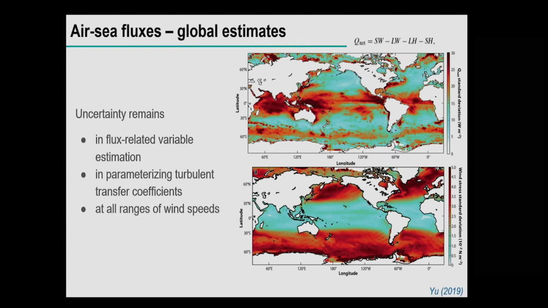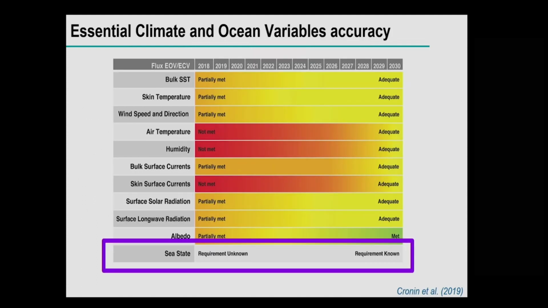So here's the standard deviation between the different products, and you can see regions for the heat fluxes where you have strong winds, where you have big waves, so where you have strong currents, that you're going to have a lot of uncertainties. And here's for the momentum flux, it just highlights the region where you have high winds. And so there, the two parts of this problem are the state variables and the bulk algorithm that is used.